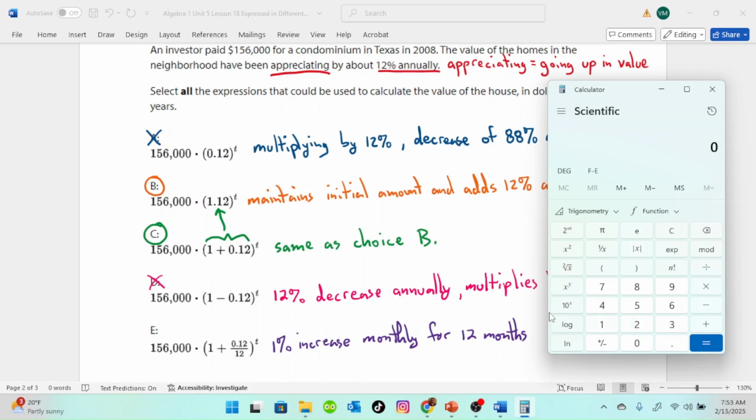So the overall factor would be 1.01. If I raise that to the power of 12, then I end up with an effective rate of 1.127.